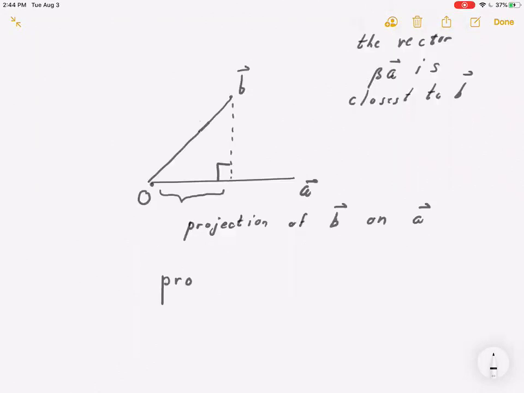So the projection of B on A, that's too many words. So I'm just going to call that PROJ, the projection of B onto A, and it is the following.